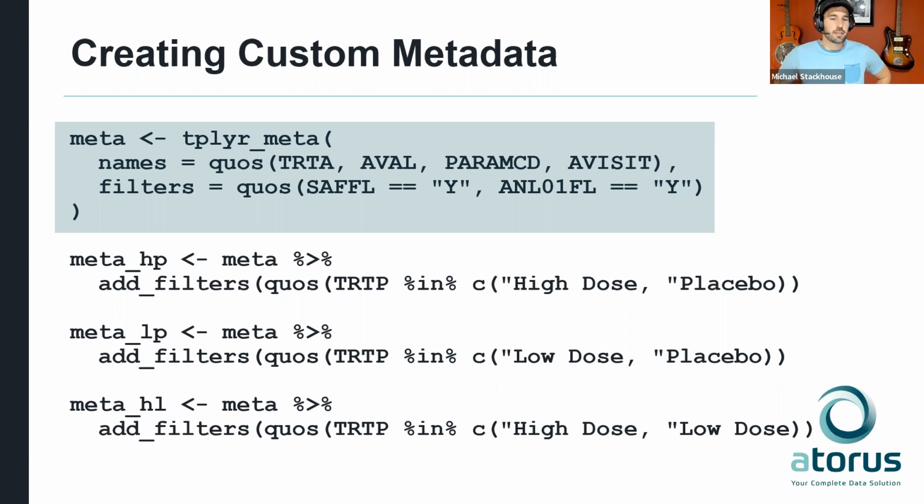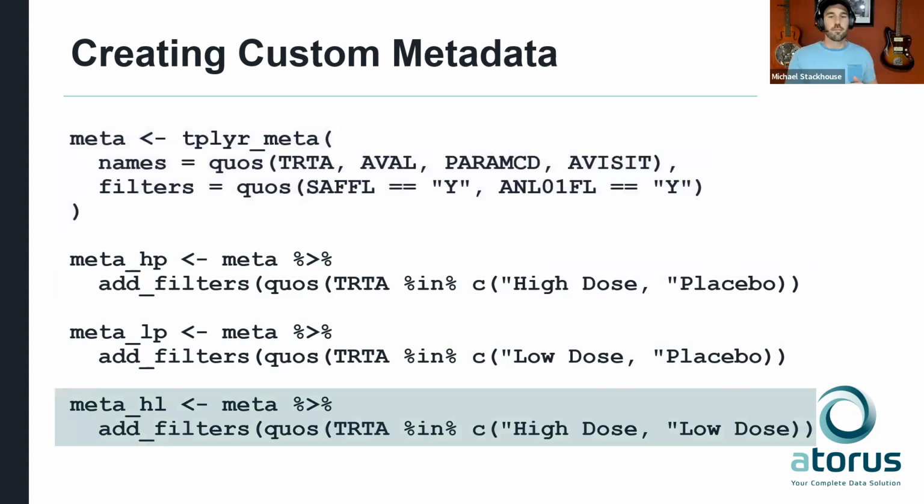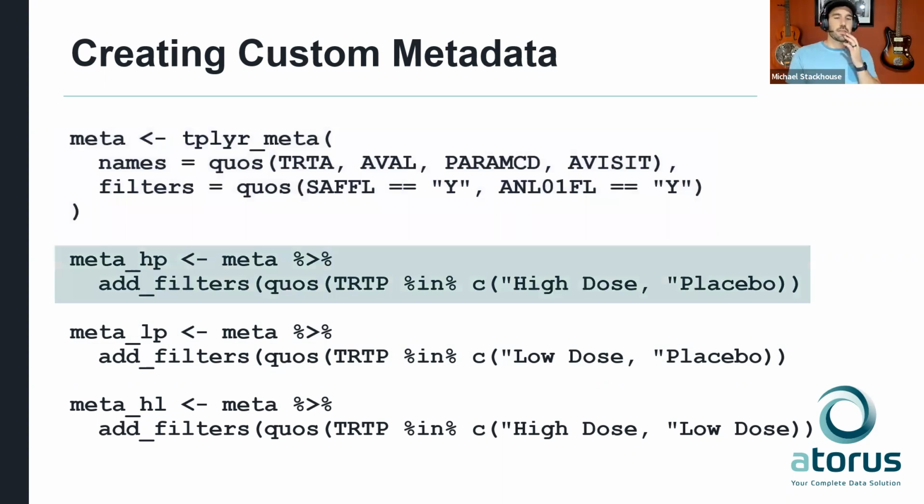We're creating another object separately building off of meta where we have low dose and placebo in TRTP. And then the last one where we have high dose and low dose. So this is built off the example that we're going to do in breakout 3. But again, what we're doing here is essentially saying, all right, I have that core object that has most of the information that I need, but what I actually need are these separate ones.